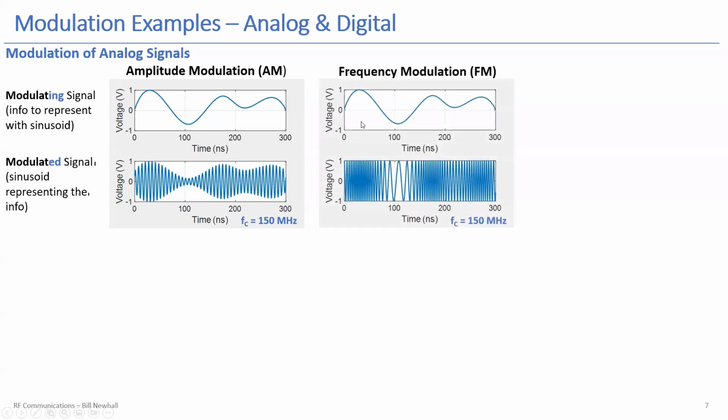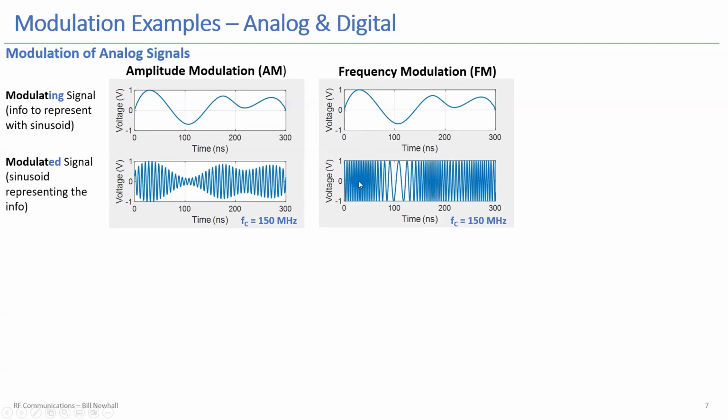And then there's frequency modulation. So let's take that same waveform, voltage versus time, and as the amplitude of the modulating signal goes high, we're going to have the frequency of the modulated signal go high. And as the amplitude of the modulating signal goes low, we're going to lower the frequency of the modulated signal. So this is frequency modulation.